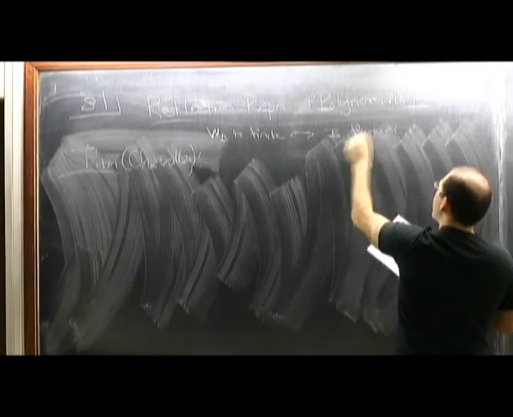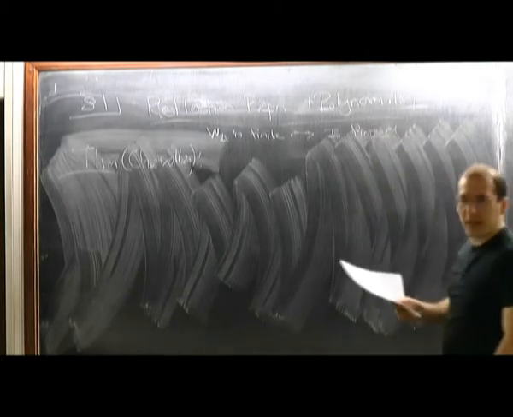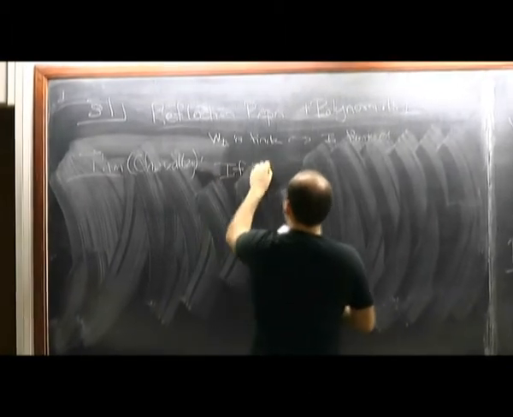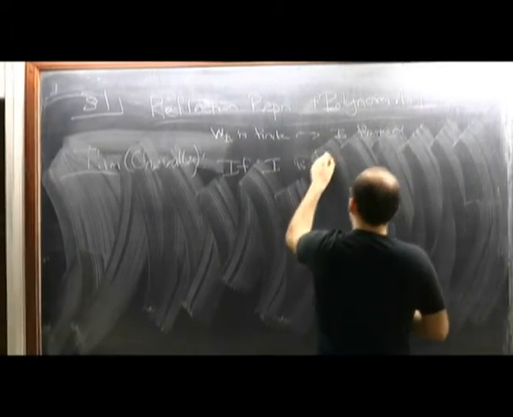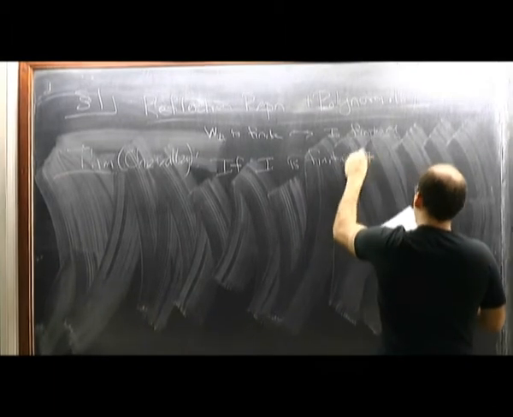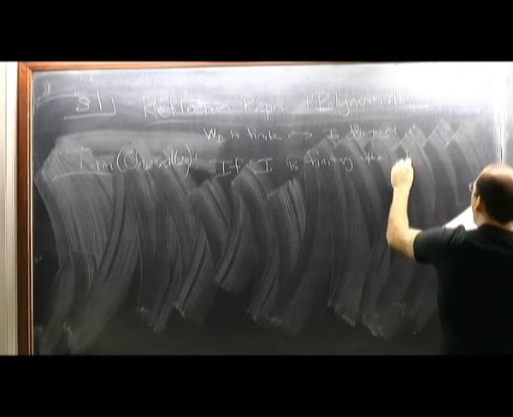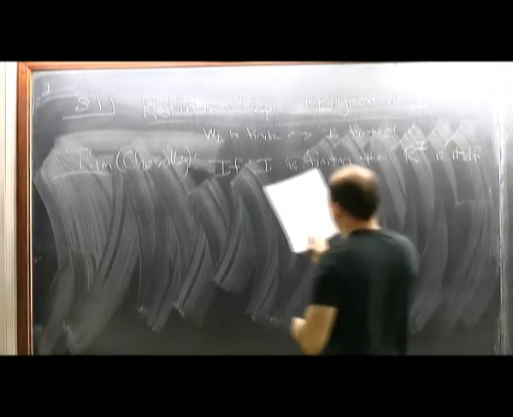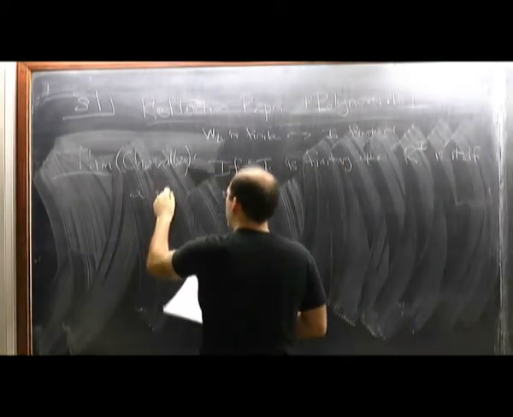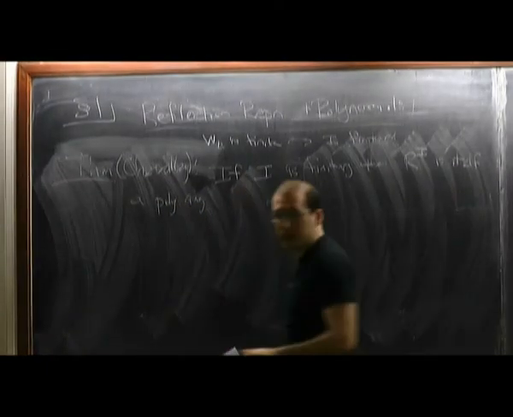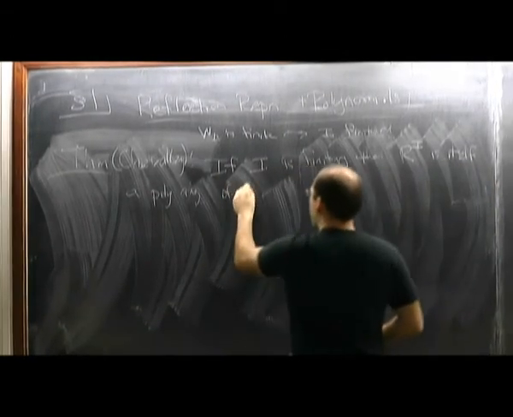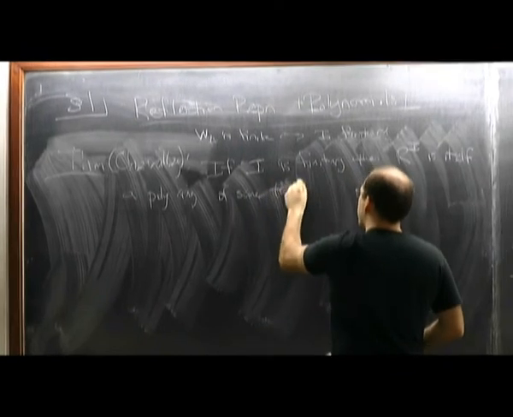It's just a fast way of saying things. So if I is finitary, then Ri is itself a polynomial ring. A polynomial ring of the same transcendence degree as the original polynomial ring. There are n generators in R, there are n generators in Ri. Of the same transcendence degree.